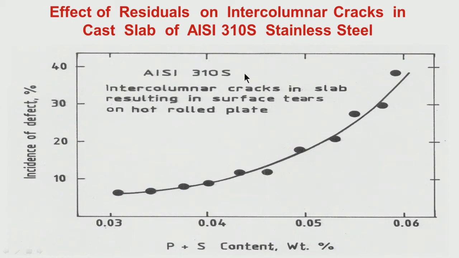A typical alloy, a typical grade will have a particular defect. All defects are not identical, whether it will be a surface defect or an internal defect, it may depend on the solidification sequence, it may depend on the chemistry. As I have mentioned several times, the so called peritectic grades have a particular type of defect.